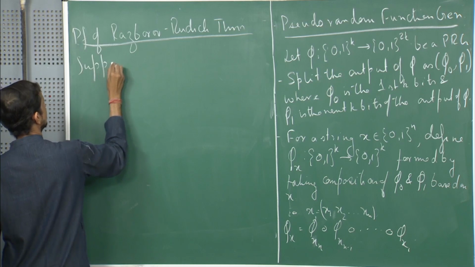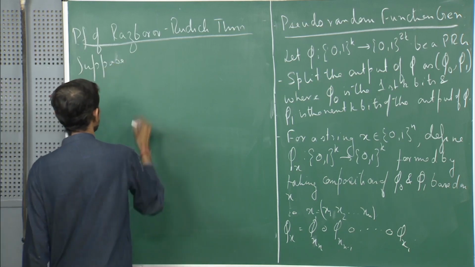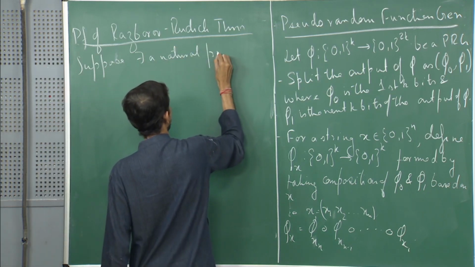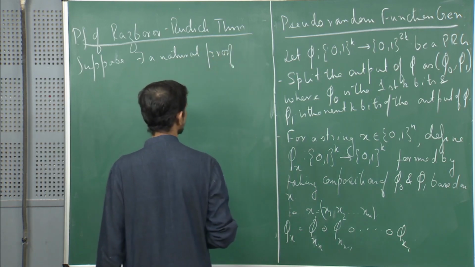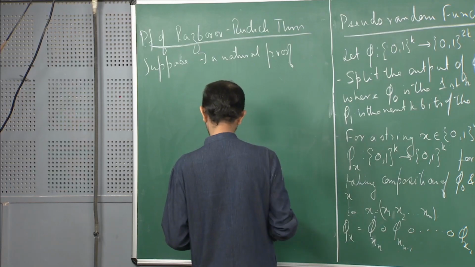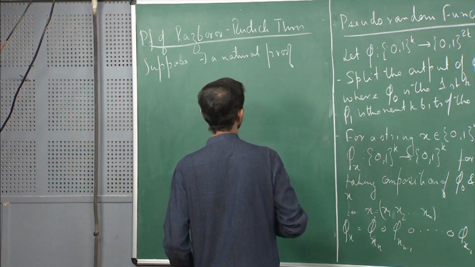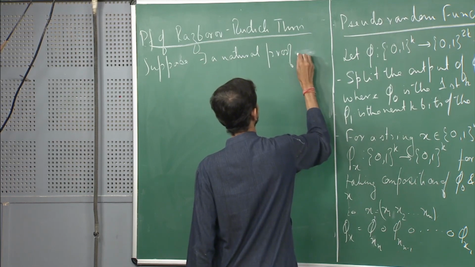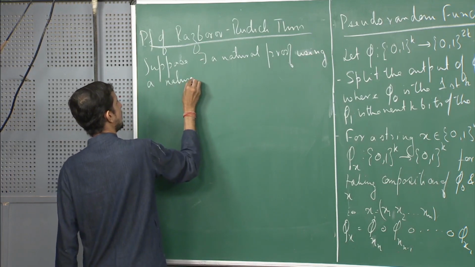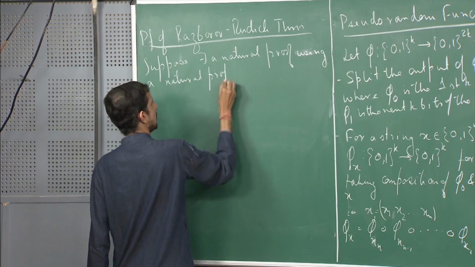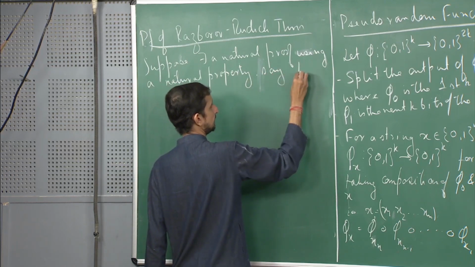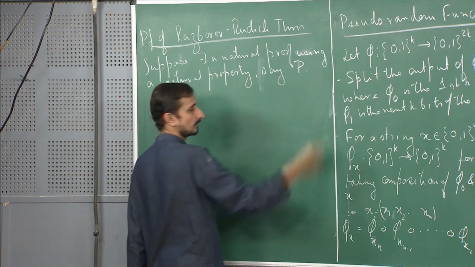Suppose there exists a natural proof using a natural property, say P. Okay.